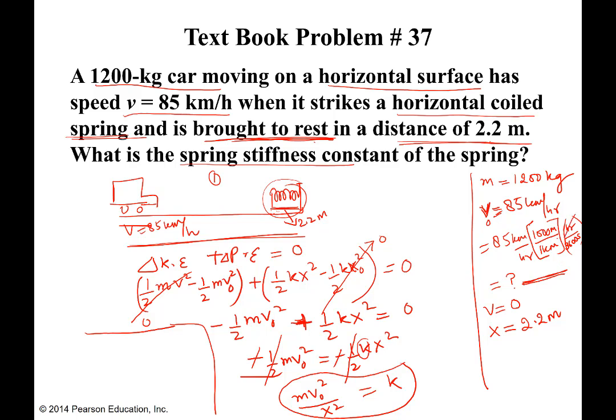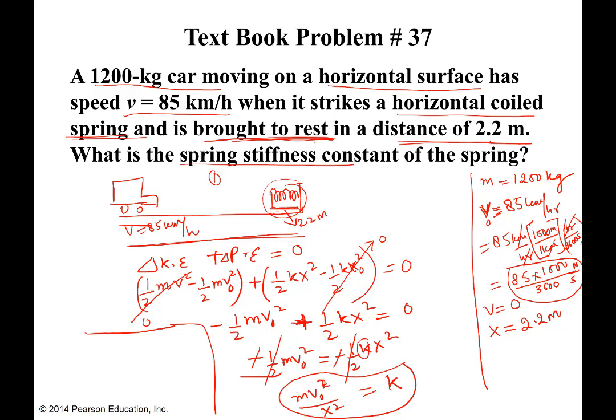So you see that hour and hour is going, kilometer and kilometer is going. Your final answer is going to be 85 into 1000 over 3600 meters per second. It will be too much to substitute the whole thing in there, so you can do this calculation for v naught.